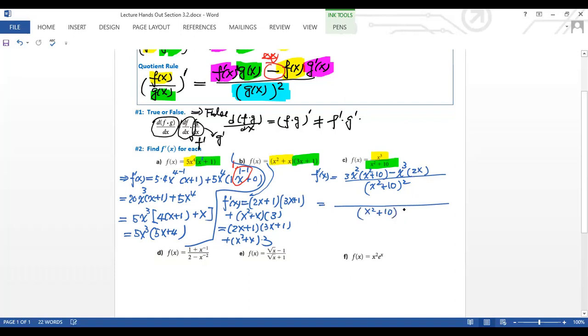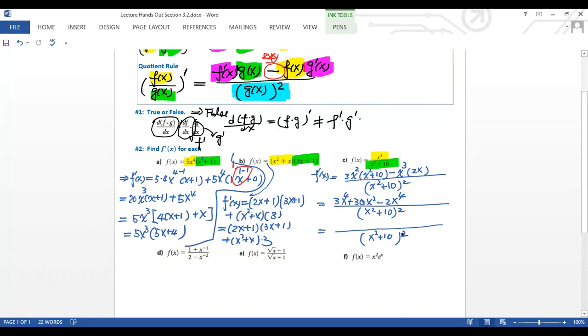And the tough part is trying to simplify it. So, okay, you FOIL it. So this is 3x to the fourth plus 30x squared minus 2x to the fourth, all over x squared plus 10 squared.